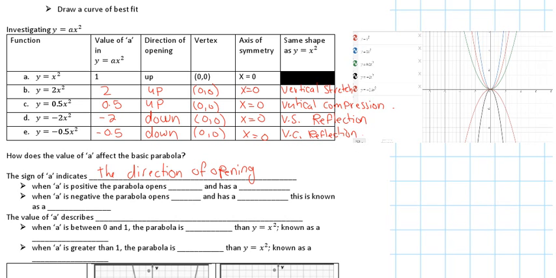And if it opens up, it has a min. When A is negative, the parabola opens down and has a max. This is known as a reflection in the x-axis. And here's how you're going to remember this.